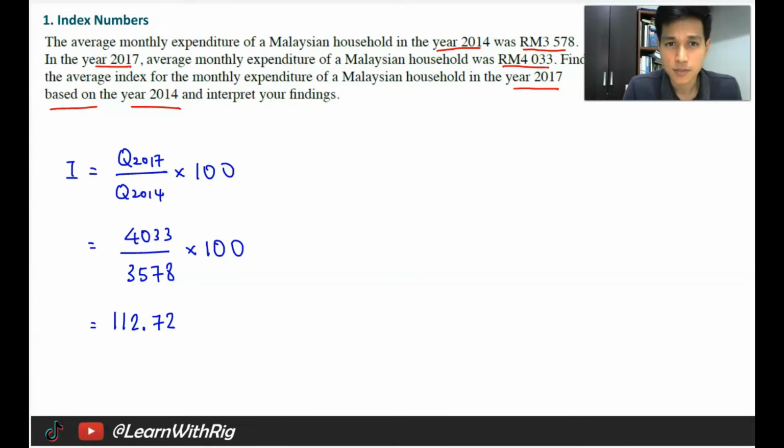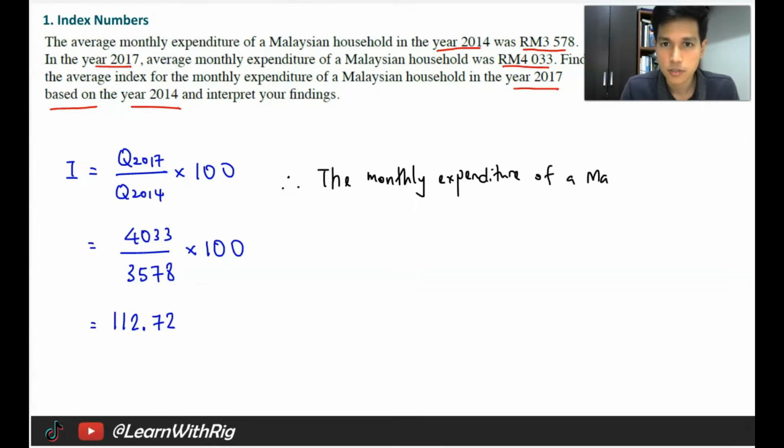So what does this mean? They ask you to interpret your finding. What does this mean? It means that the average, or I say the monthly expenditure of a Malaysian household increased.